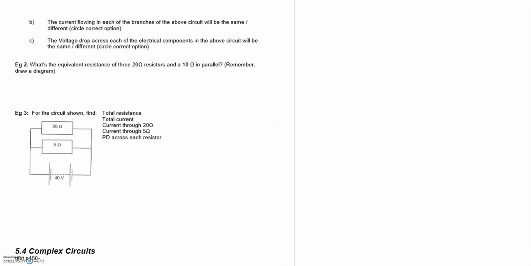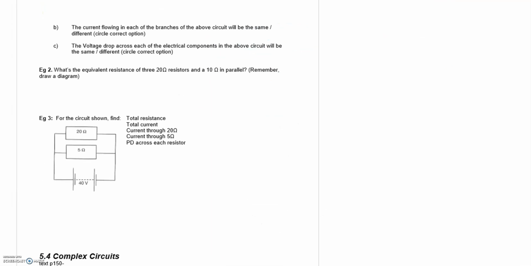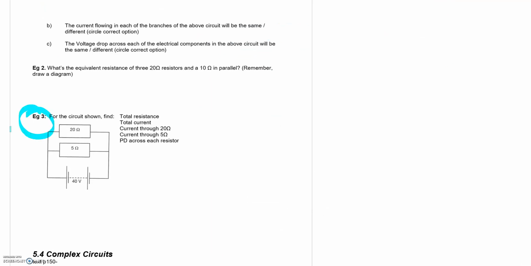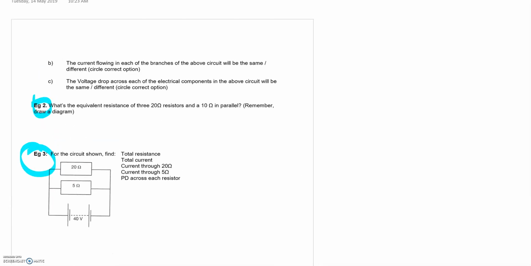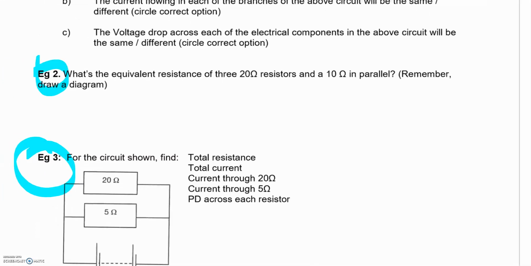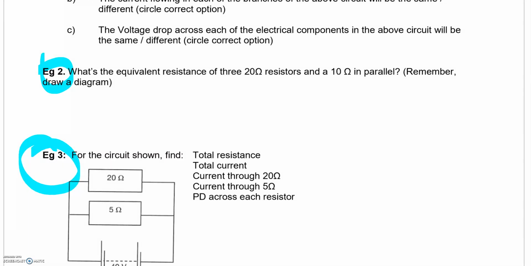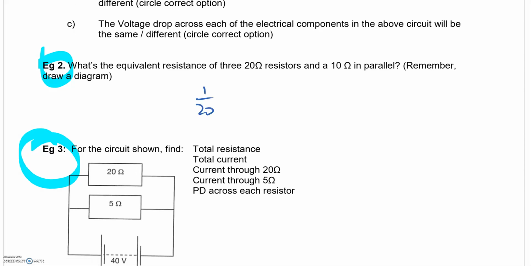So we'll skip example 1 and we'll go straight to, I think example 3 is a good one. Actually, sorry, example 2, we'll do that one very quickly. Zoom in a bit. The equivalent resistance of 3 20s: 1 over 20 plus 1 over 20 plus 1 over 20 and a 10.